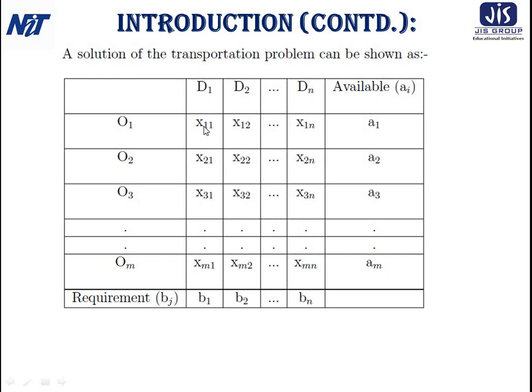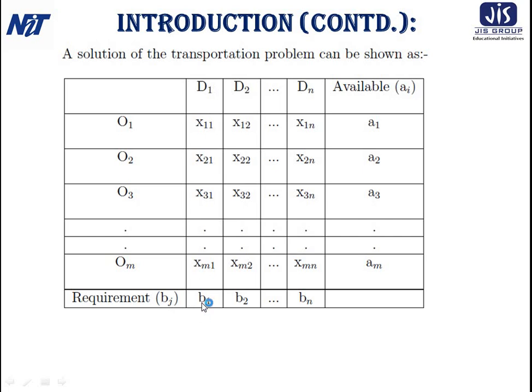So obviously x11 plus x12 plus dot dot dot plus x1n will be equal to A1. Similarly x21 plus x22 plus dot dot dot plus x2n will be equal to A2. Similarly other, xm1 plus xm2 plus dot dot dot plus xmn will be equal to Am.